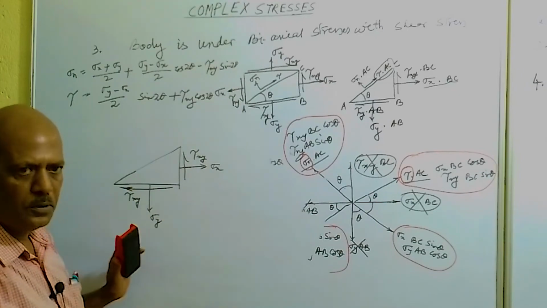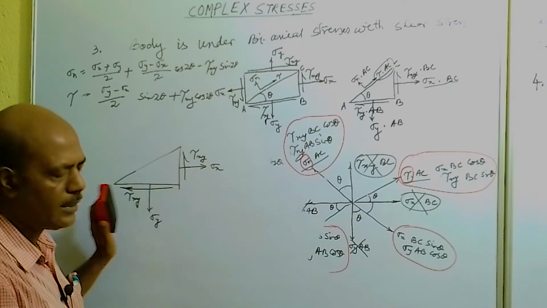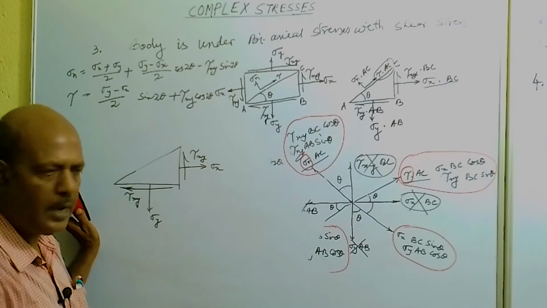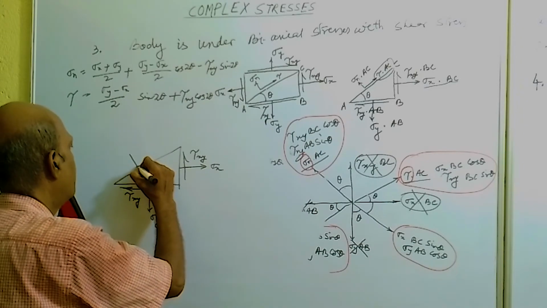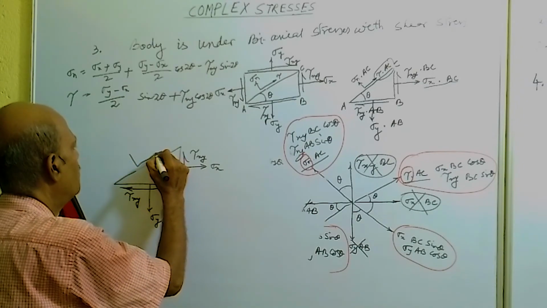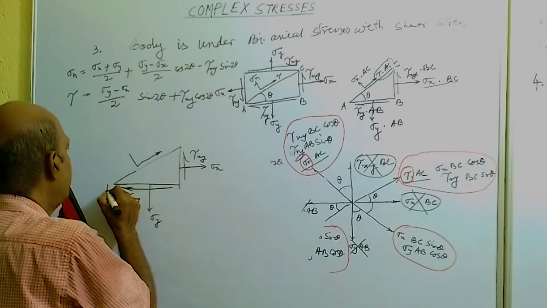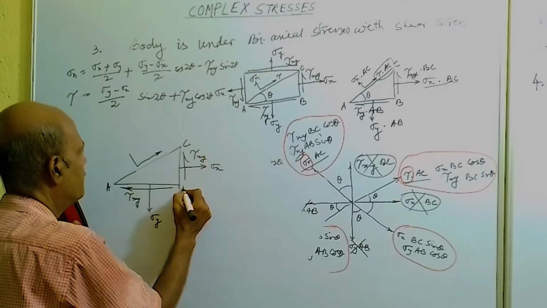So these four forces were acting on the element, and after derivation we have got sigma n and tau value on the inclined plane, that is AC.